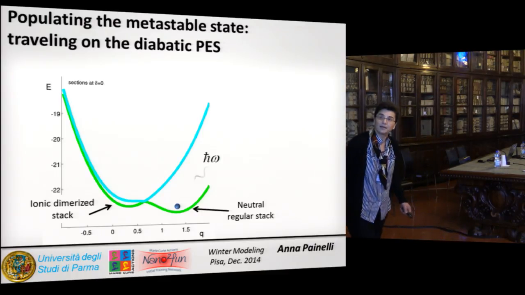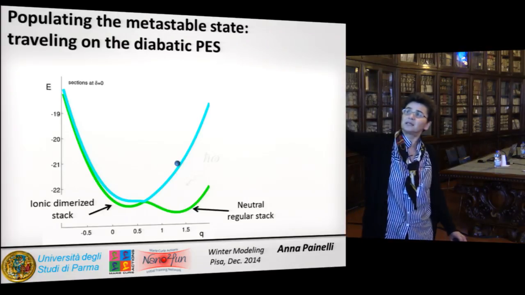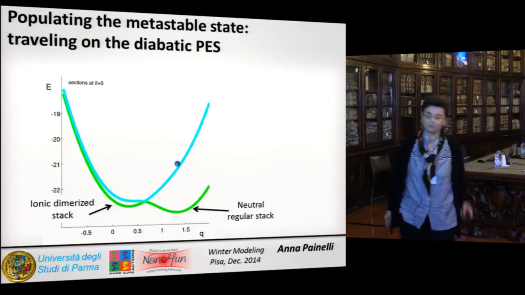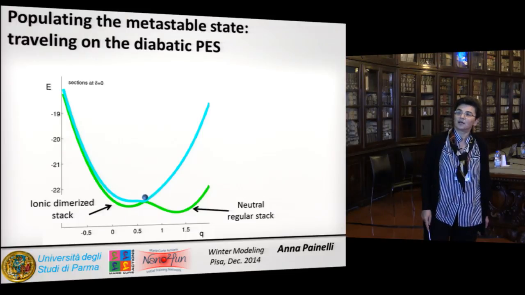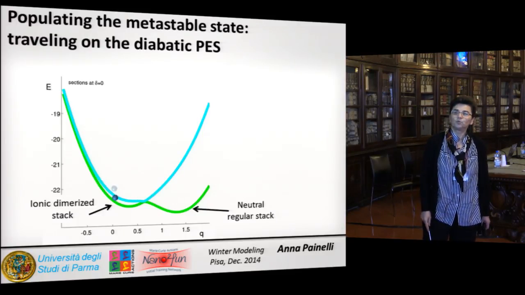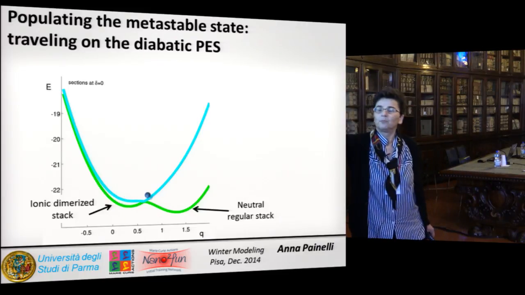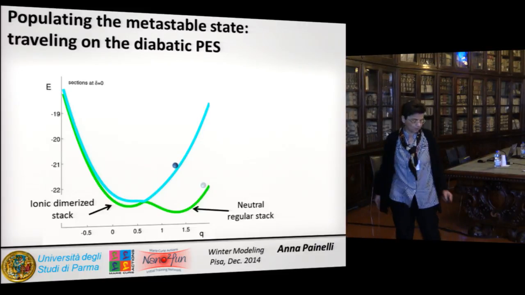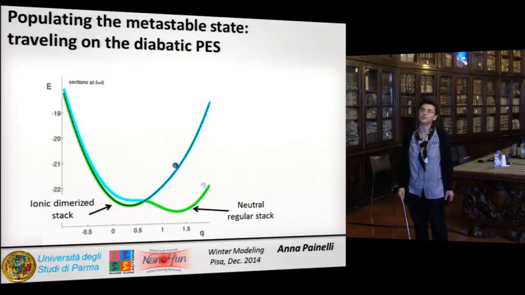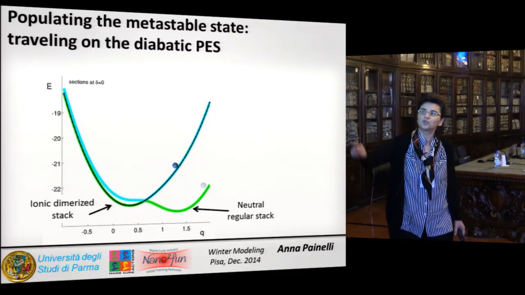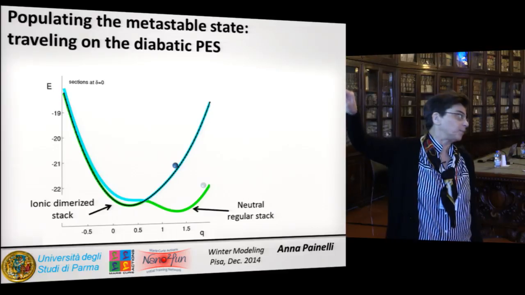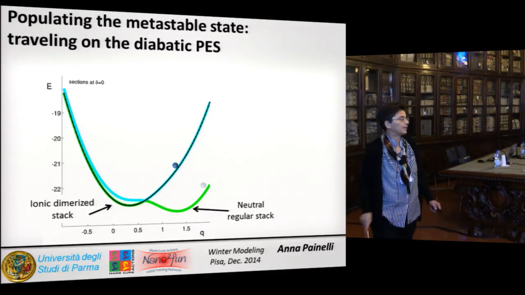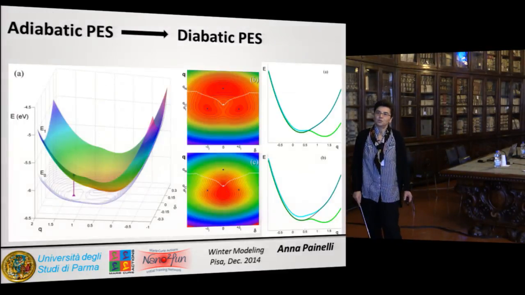It is trivial, of course, you know by yourself. If I shine light, the system starts to evolve on this surface, but there it can choose to go into one of the two potential energy surfaces. And of course, to simulate photo-induced phase transition, we are interested in the motion on the diabatic potential energy surfaces, not on the adiabatic ones.